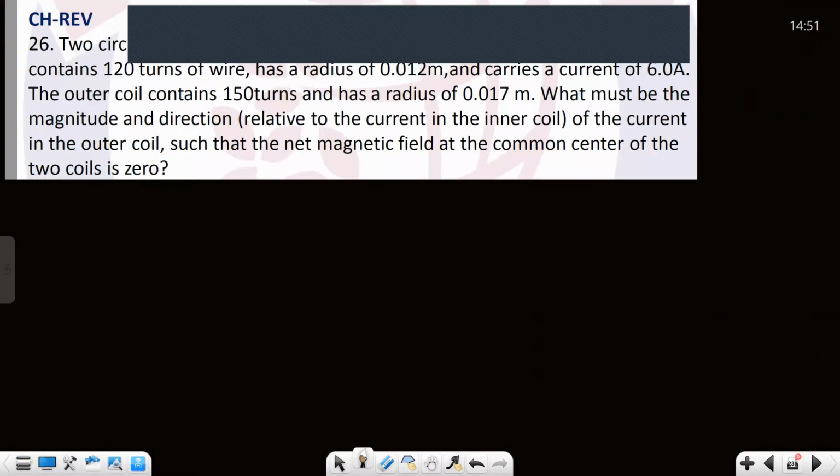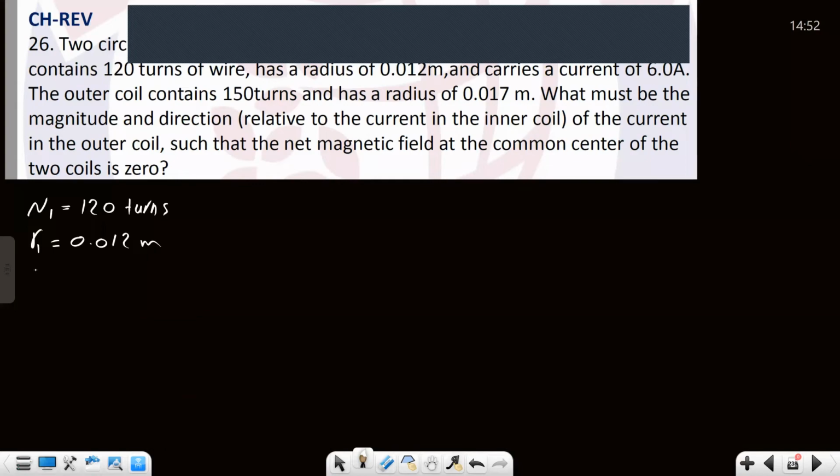Guys, in the question it said that 2 circular coils are concentric and lie in the same plane. It means you have 2 coils, they are inside of each other. The inner coil contains 120 turns. So let's name it N1, 120 turns. And the radius R1 is equal to 0.012 meter.